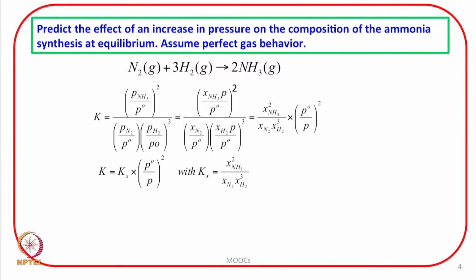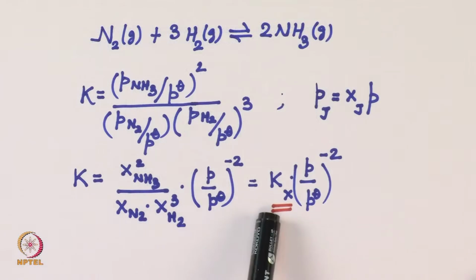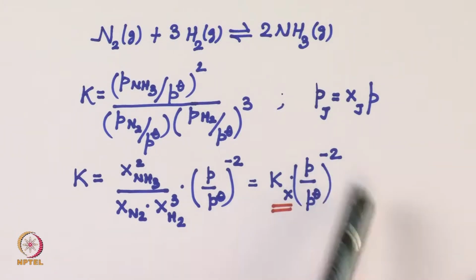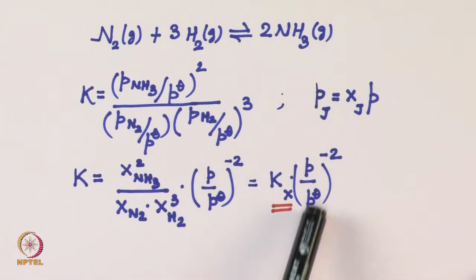And actually here, K is equal to Kx into P by P naught raised to the power minus 2, which is same as P naught by P raised to the power 2.